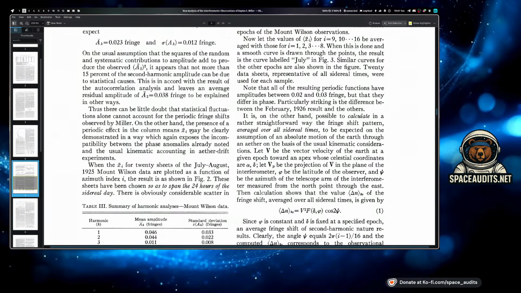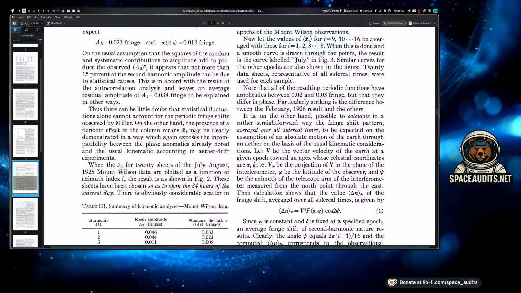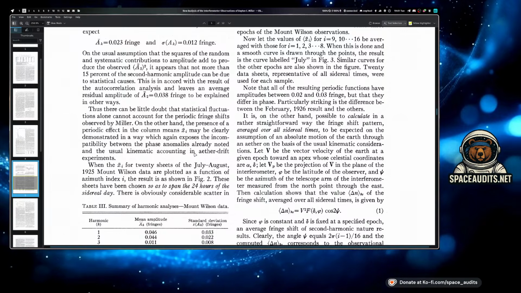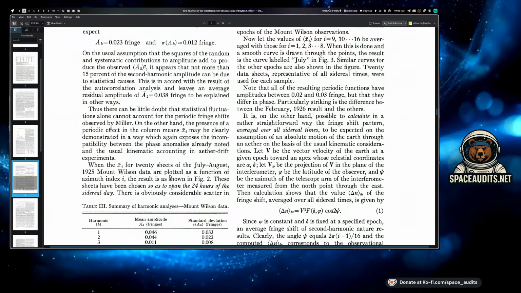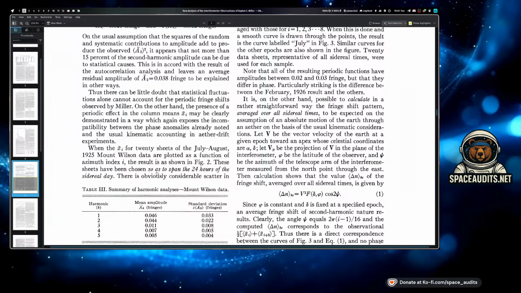When the X bar sub I for the 20 sheets of July through August at Mount Wilson in 1925 are plotted as a function of the azimuth index, the result is shown in figure 2. These sheets have been chosen so as to cover the 24 hours of the sidereal day.